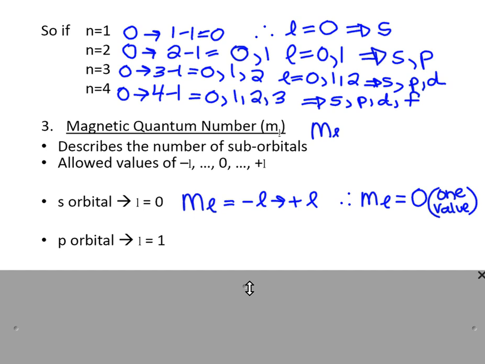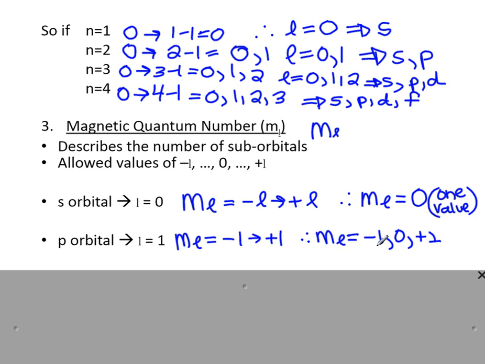Next, let's tie it in with P. So L is equal to 1. That means ML is going to be negative 1 all the way to positive 1. So here, my ML will be negative 1, 0, positive 1.